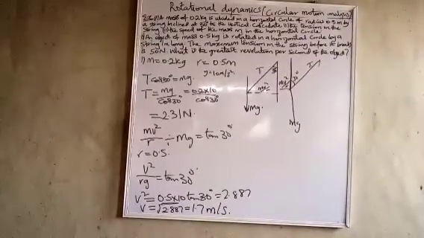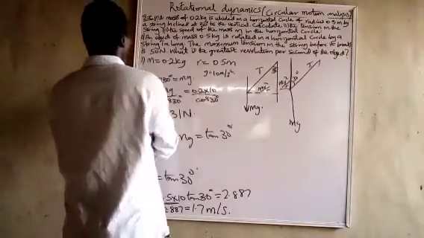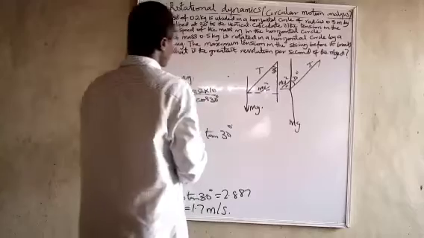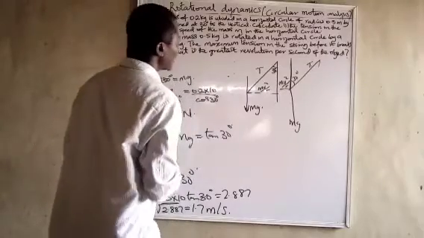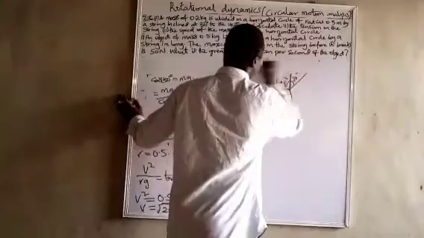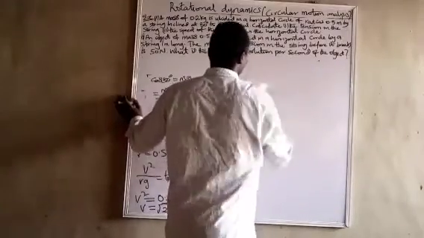The next one also says an object of mass 0.5 kg is rotated in a horizontal circle by a string 1 meter long. The maximum tension in the string before it breaks is 50 Newton. We can also get that one with ease.